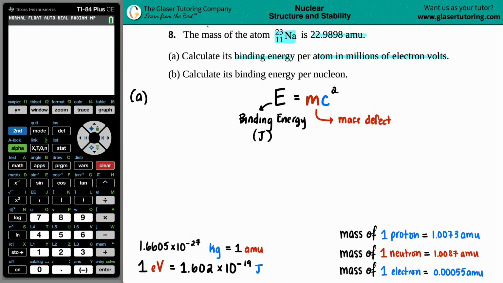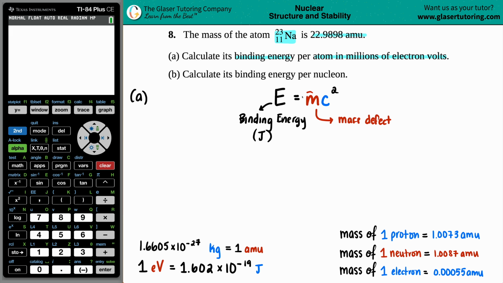The actual mass of the atom is 22.9898 AMU, but the atom has its own protons, neutrons, and electrons, from which we can calculate the theoretical mass. In a perfect world the theoretical mass should match the actual mass, but chances are it doesn't.